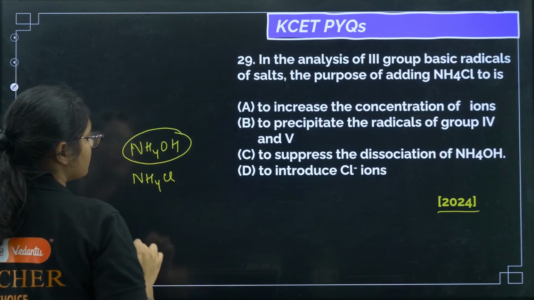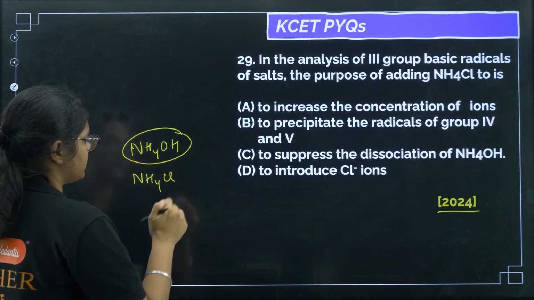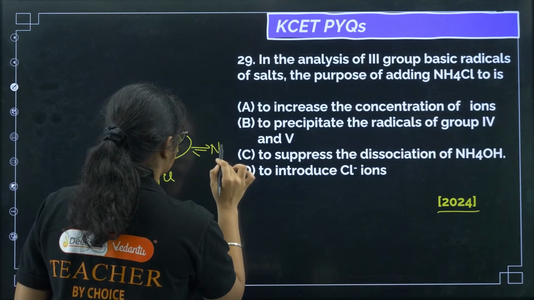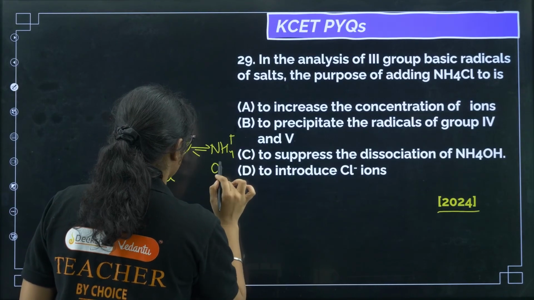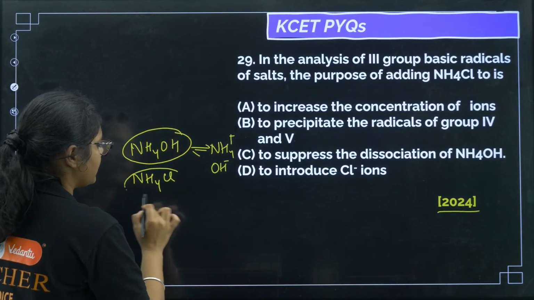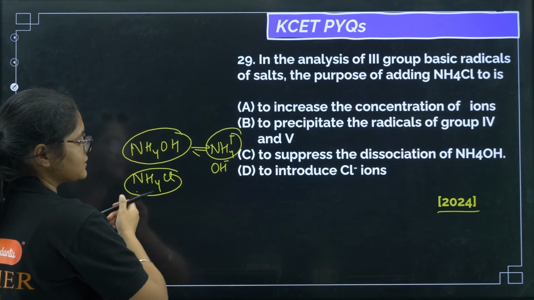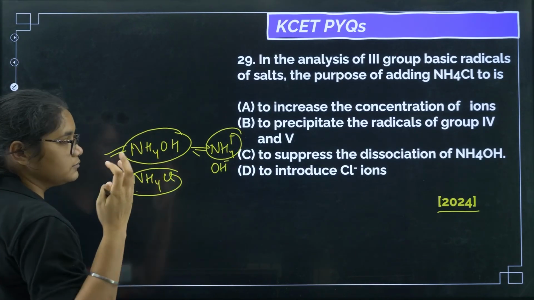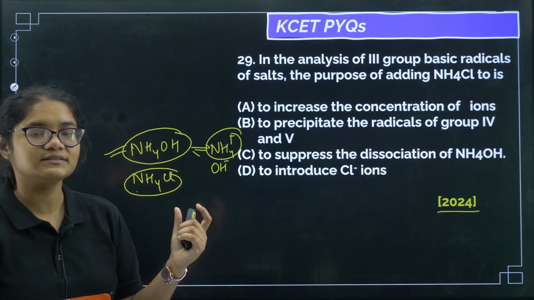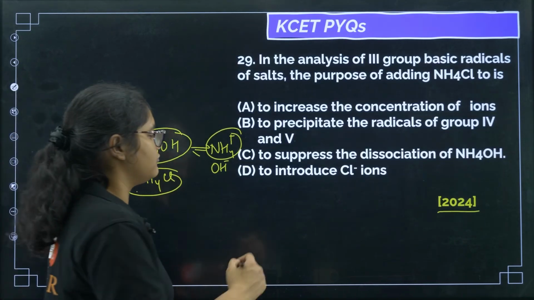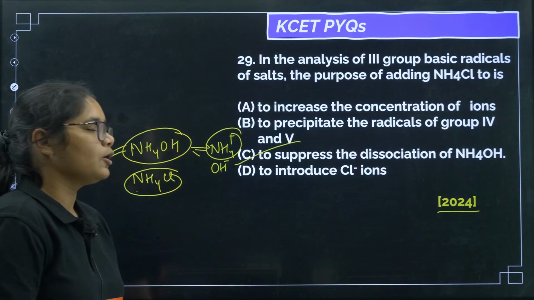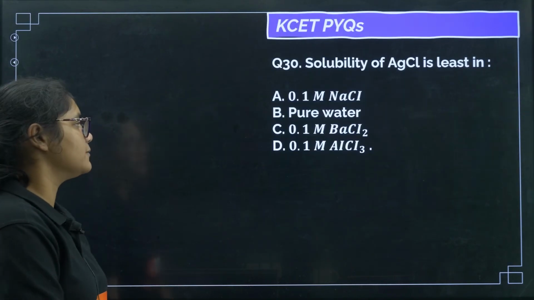NH4OH should dissociate to give you NH4 plus and OH minus, right? Now if NH4Cl is present, this ion increases, so the backward reaction will take place and the dissociation of NH4OH is suppressed by the common ion effect, right? So that is why it is added. Option number C is the correct answer.